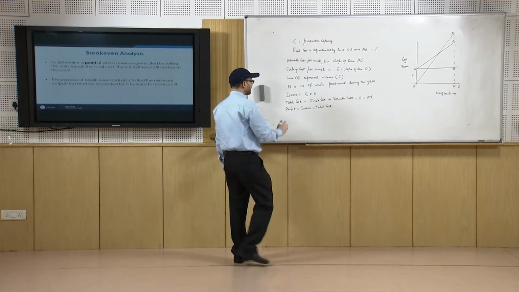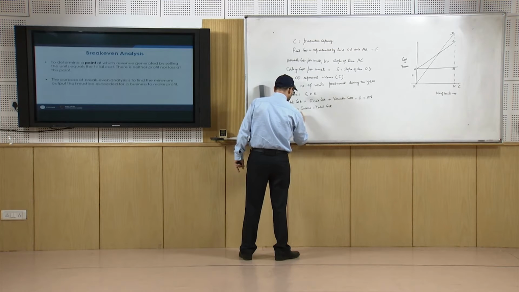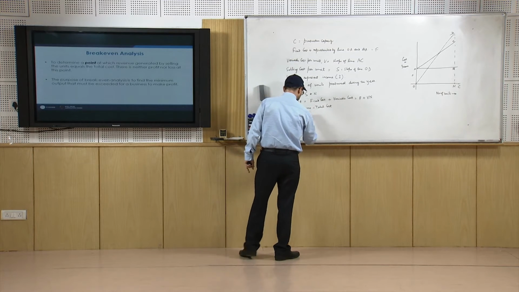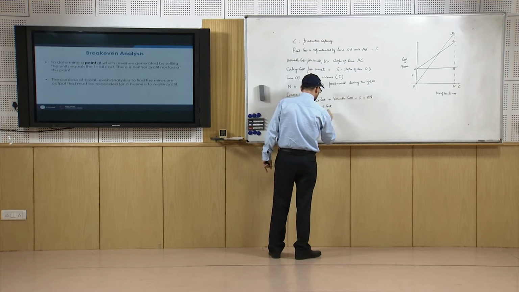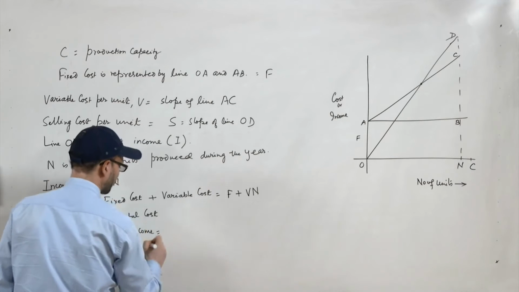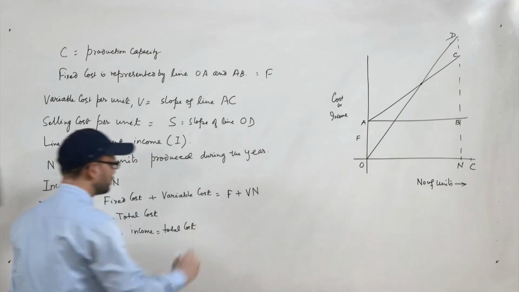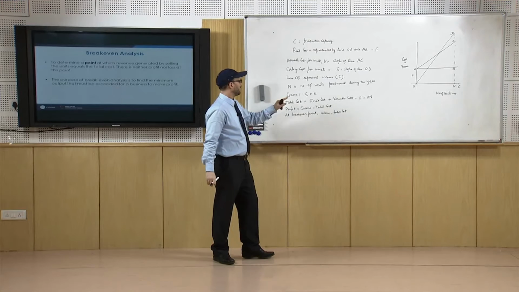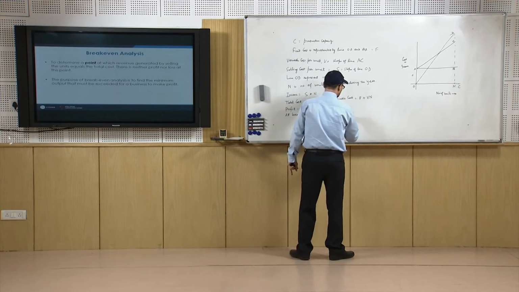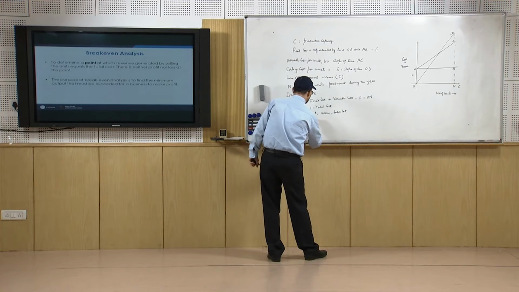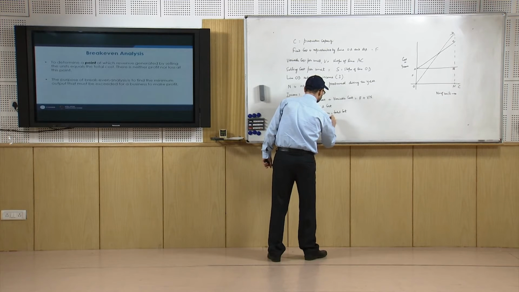Now, at the break-even point, income is equal to total cost. So, we have to equate these two lines. What we get is F plus Vn will be equal to Sn.